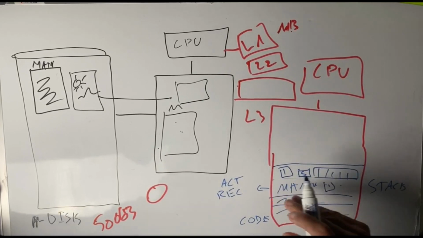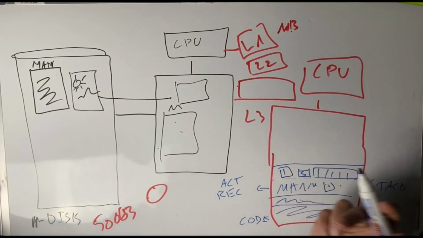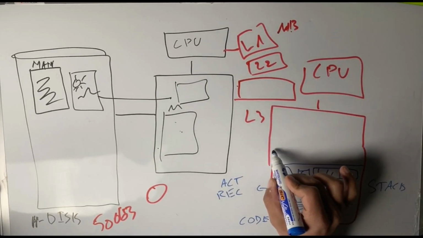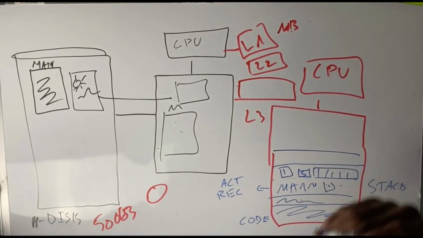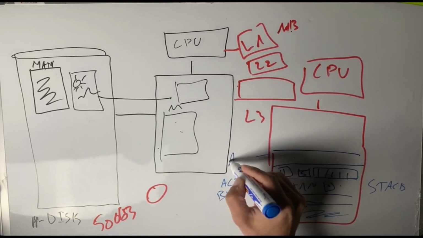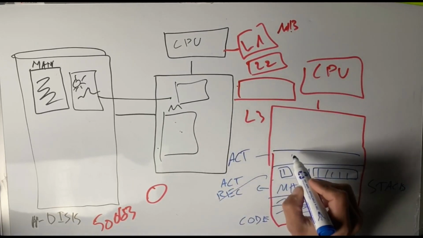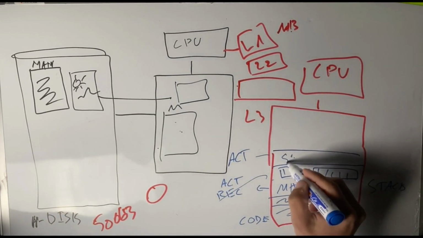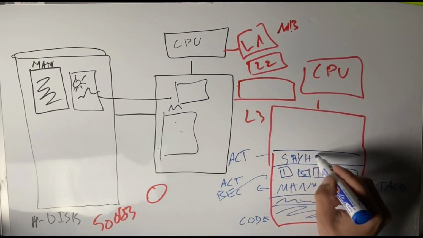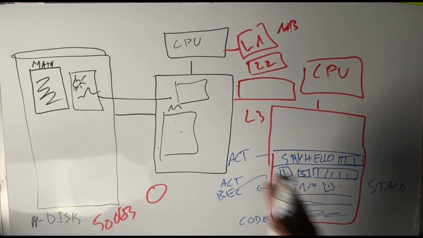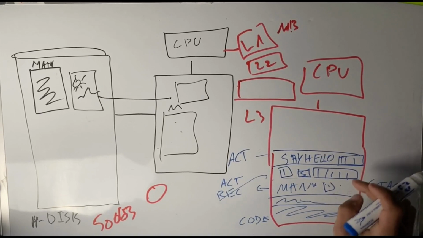Now, once this function calls a different one, at that point it will create another stack on top of this. It will give it the control. The control will no longer be here, it will be here. Here becomes the activation record. This function, say hello, did say hello from a string, right?